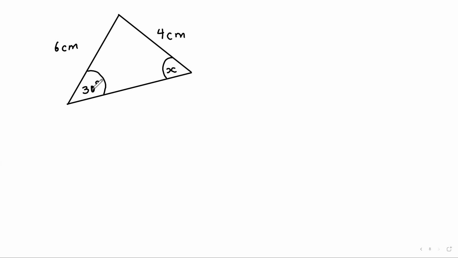For the sine rule, you could label your triangle A, B, C, right? So if this is A, side A will be here. If this is angle C, this would be side C, and then side B would be here. And I want to find angle C. So the question is to find angle C. I recall that the rule is the side over the sine of the corresponding angle is equal to the other side over the sine of its corresponding angle.